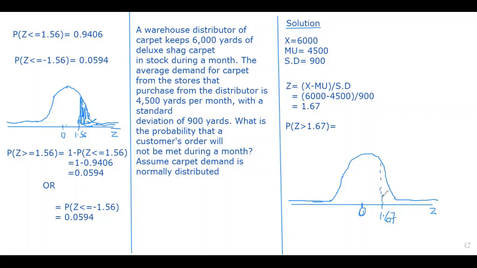So this one is greater than. Will we shade to the left or right? Greater than. So are you going to shade to the left or to the right? Right side. Yes.